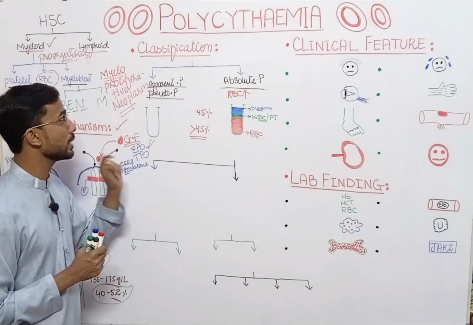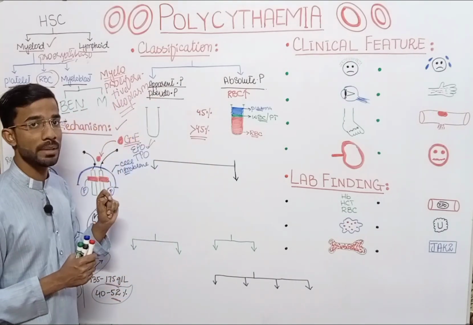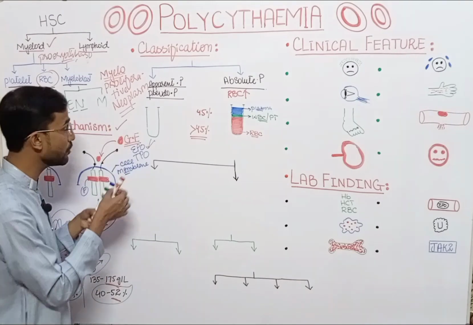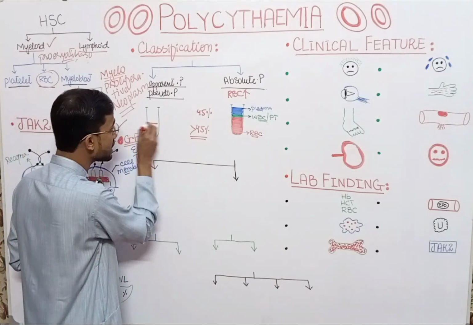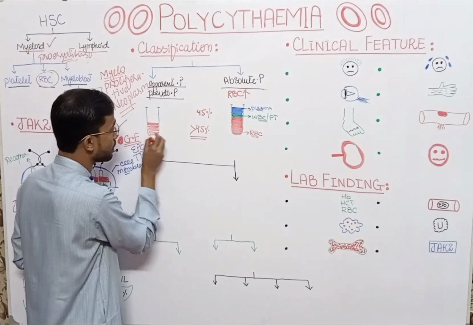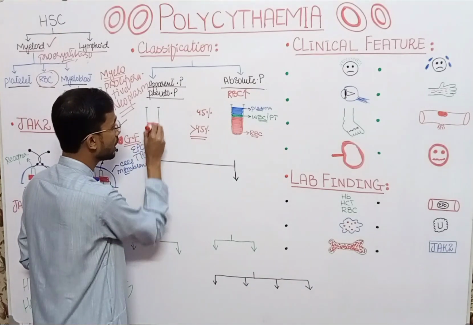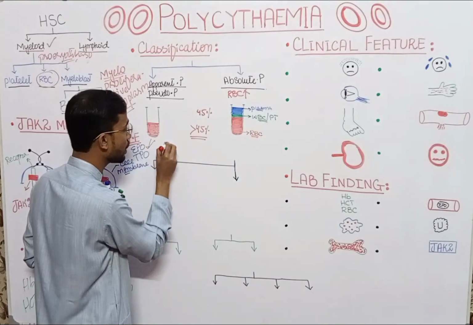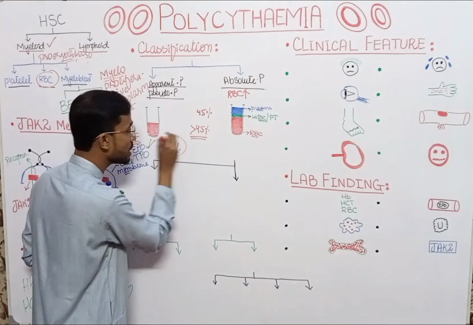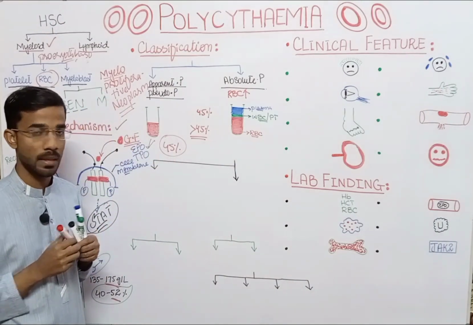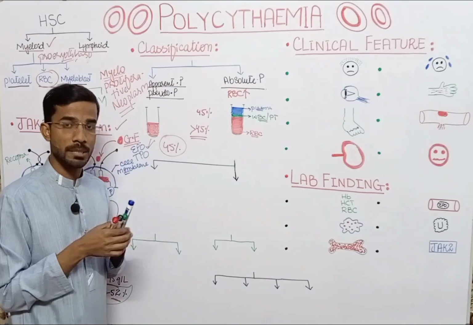Take the other example, apparent polycythemia or pseudo polycythemia, in which the RBC amount is actually normal. The hematocrit is normal, like 45%, but the amount of plasma is reduced. Here you see the buffy coat, and the plasma is reduced.